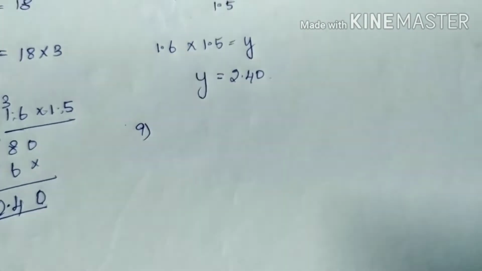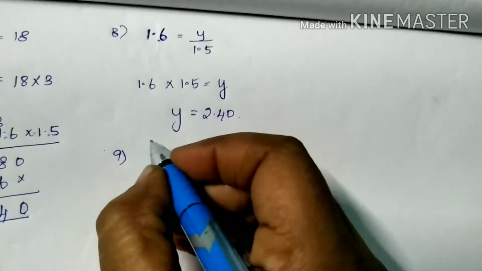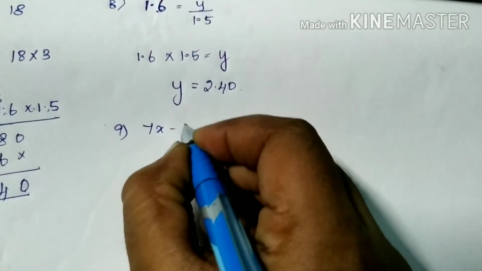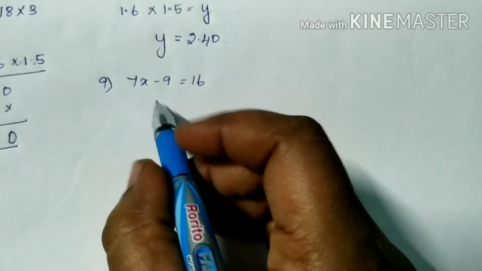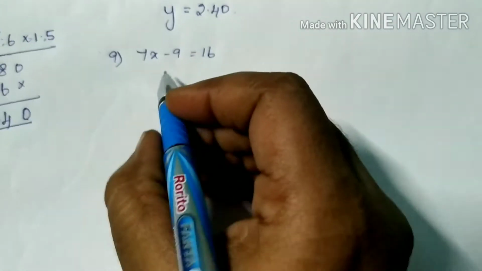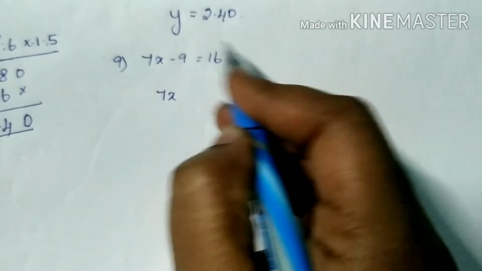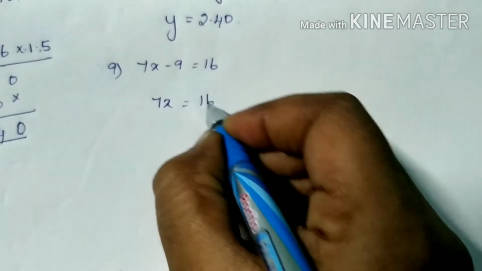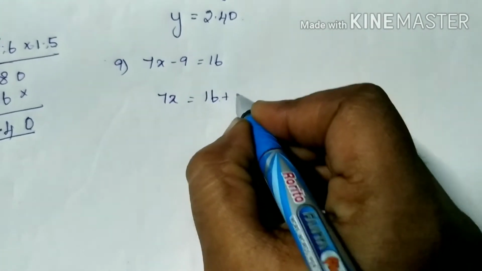Ninth question, 7x minus 9 is equal to 16. So you have to find the value of x. So I keep the x term alone here and take this constant to that side. Then 16, this minus 9 will come this side, means plus 9.